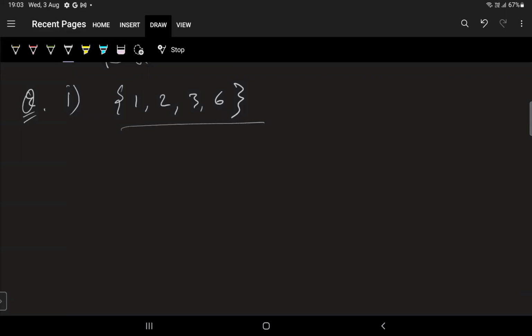There are many ways that you can write 1, 2, 3, and 6. You have to write a statement for this. See, this is always written like x. x means all the elements, these are represented by a variable x.